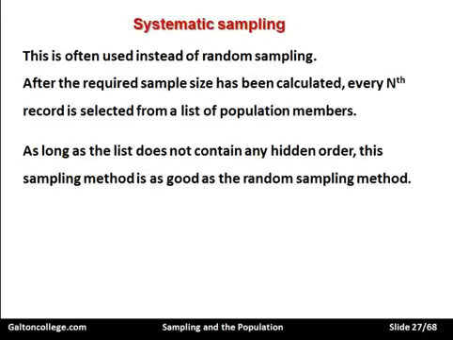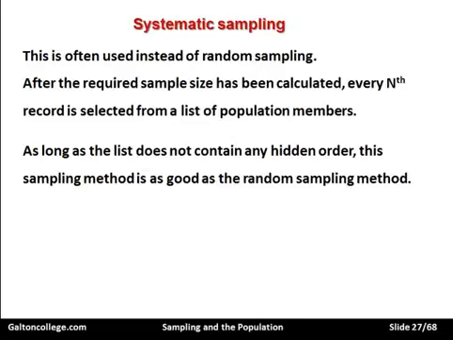So we've jumped from that one, we count on 20 and we go to the next one. And we find there's also a fault in the steering. And then we count on 20 again and we test it and we find there's another fault in the steering. Now this would suggest that all the population, all the cars have got a problem with the steering. But it may not be the case. It could be the case, it's very unlikely, but it could be the case that just every 20th car has a problem with the steering.